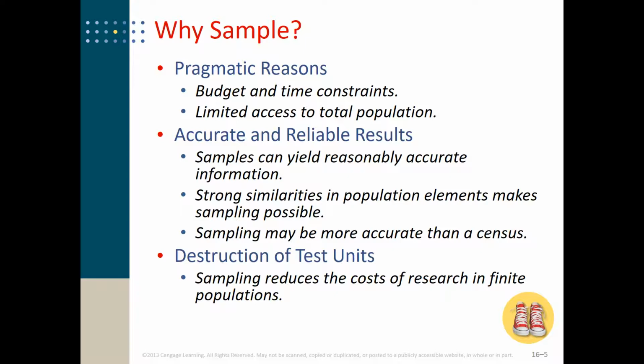Another is accurate and reliable results. Apparently, we may think that using the whole population, I mean a census, will create more accurate results because it focuses on the whole population, whereas a sample is only a subset of the population. However, when we go for a census and focus on the entire population, due to the large number of population elements, some errors can occur.